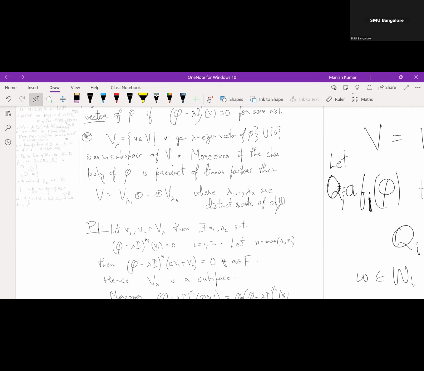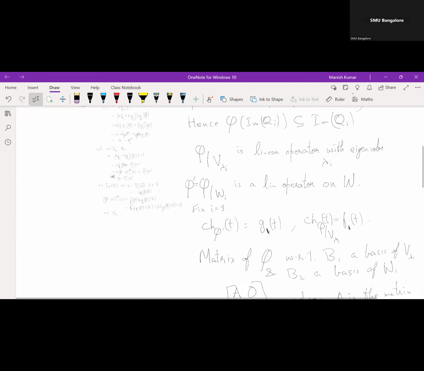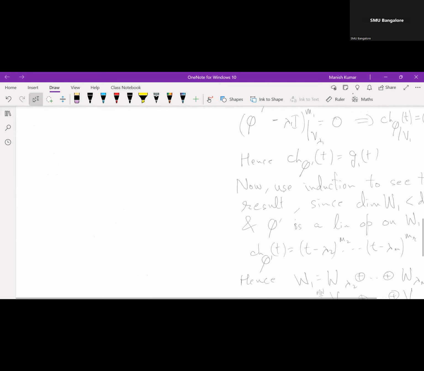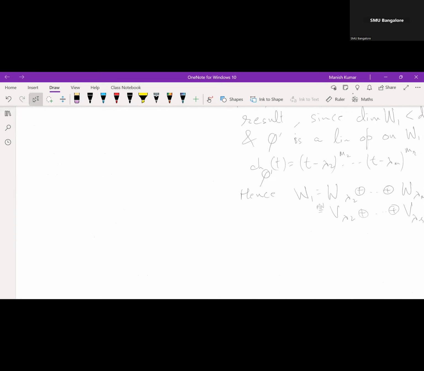If you have questions, you can put them in the comments in the classroom portal, and I'll try to answer. Modulo these two homeworks, this is okay. So the point is every vector in W lambda 2 is contained in V lambda 2.